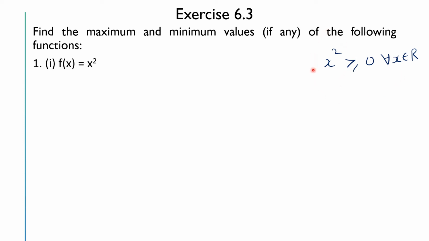If we consider this function x square greater than or equal to 0, it means the minimum value of f(x) is 0 and the maximum value we cannot find. So we have to write: minimum value of f(x) is 0 and there is no maximum value.